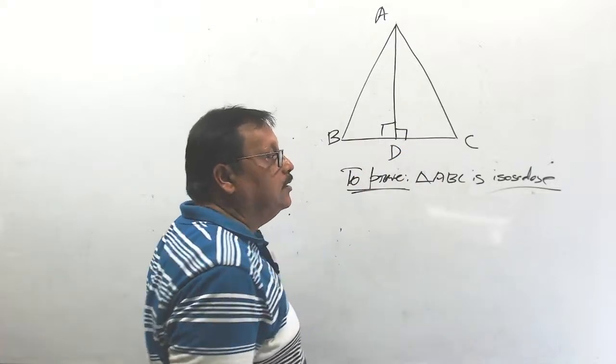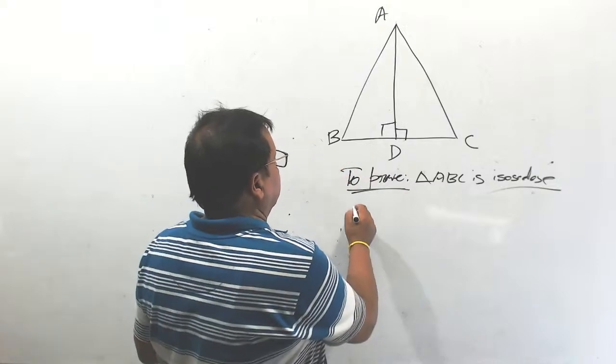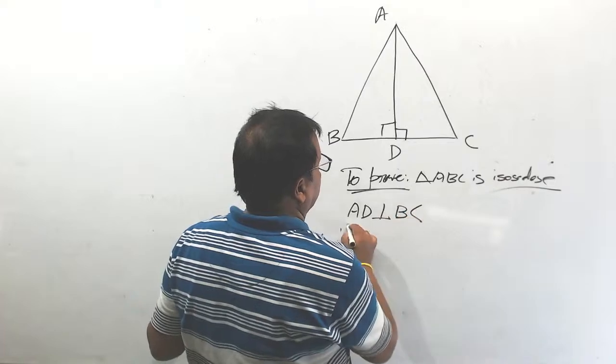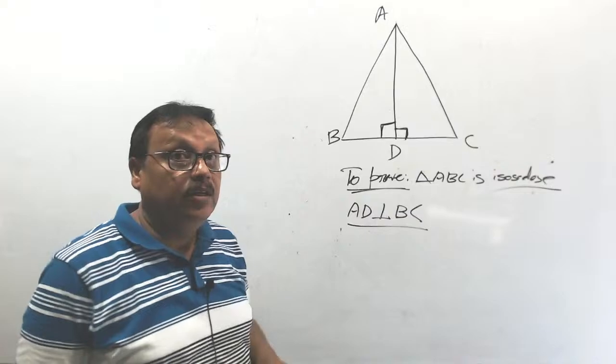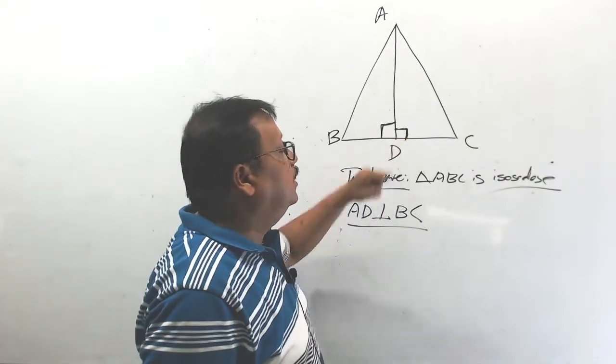What are the conditions? AD is perpendicular to BC. This is given. That means it is a right angle. You have to understand the thing. Both angles are right angles.